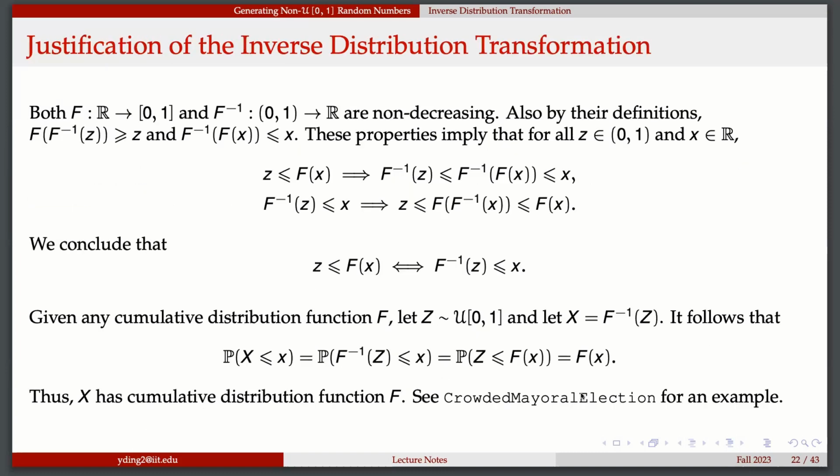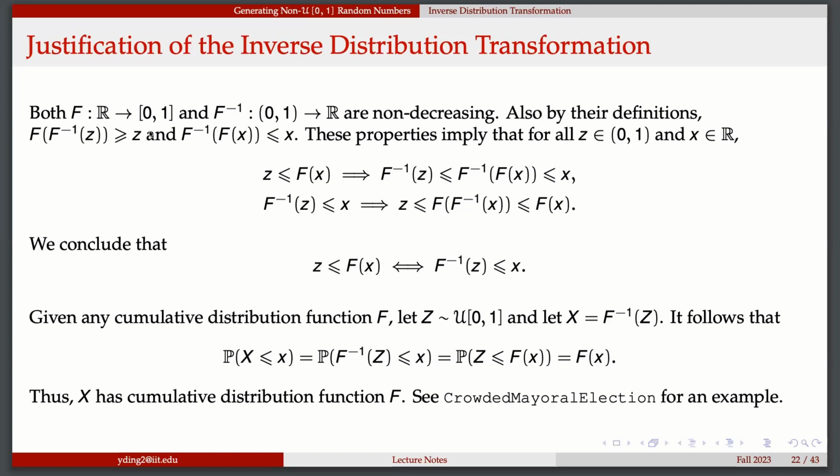Okay, then let's see some justification of why this works. The cumulative distribution function takes random variables from the whole real line and maps them to 0 to 1. This is okay, right? For any kind of random variable, you should always have that, because the probability is always from 0 to 1.